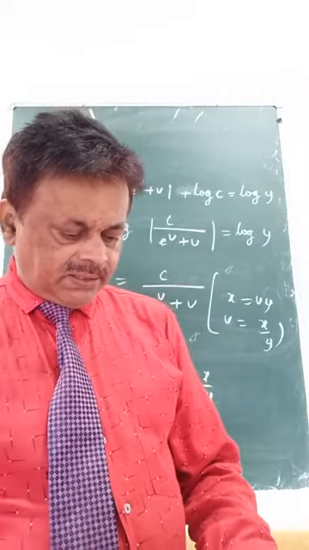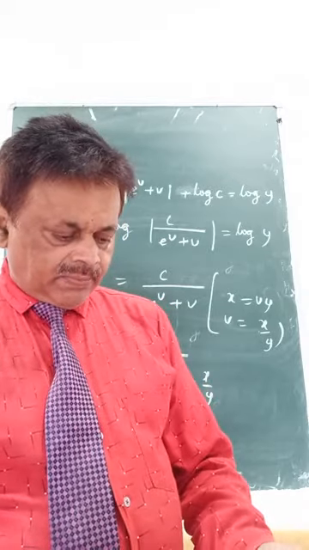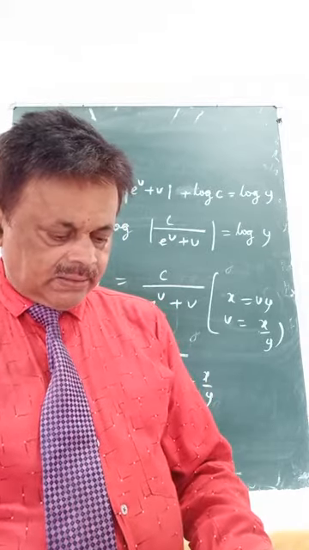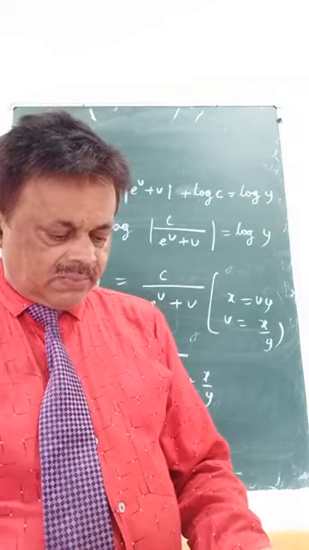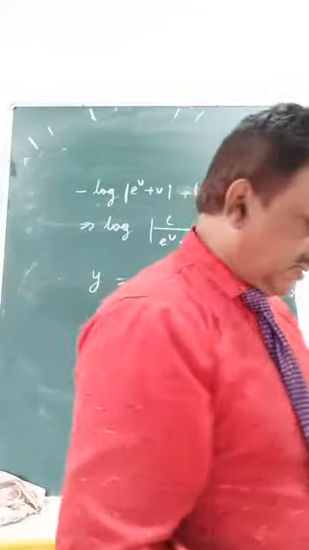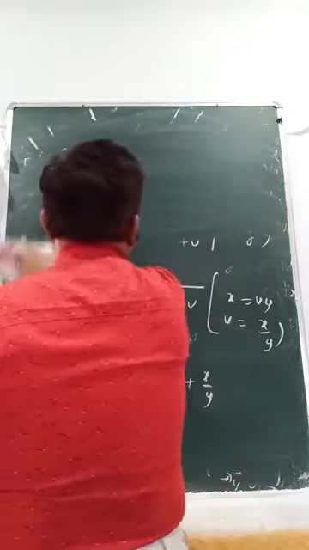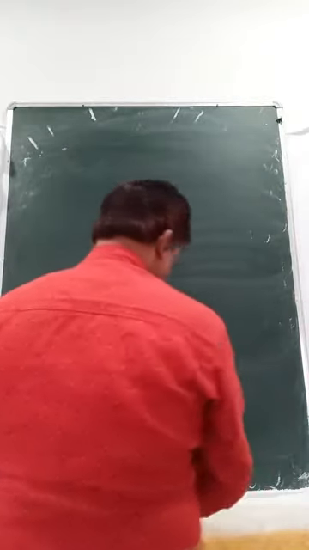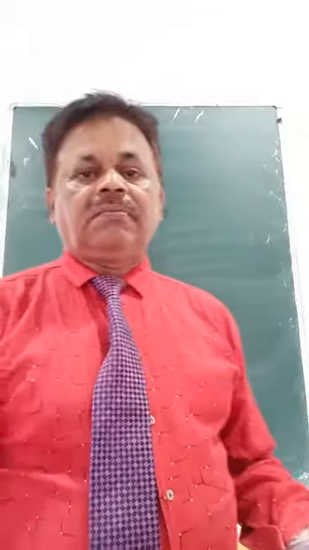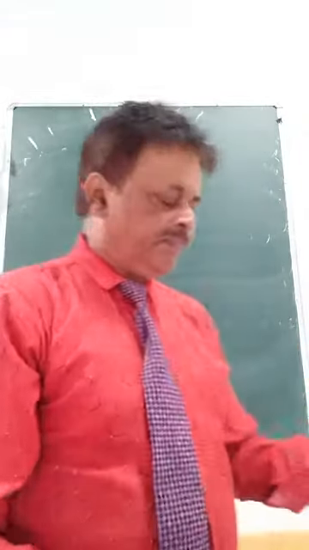So now let me take a particular solution. If I go to question number 13, look here. Particular solution means you have to find the value of c and put there.